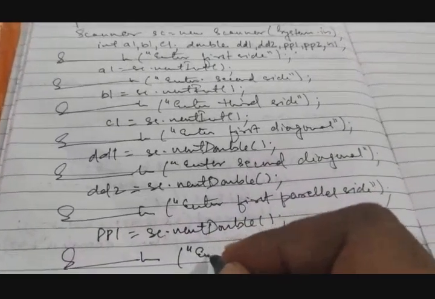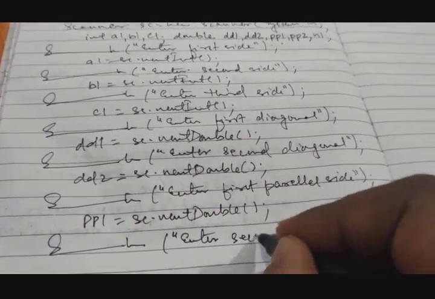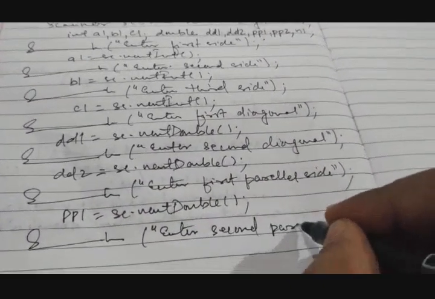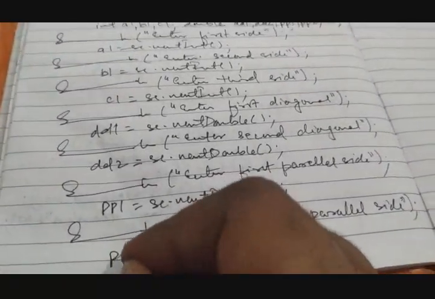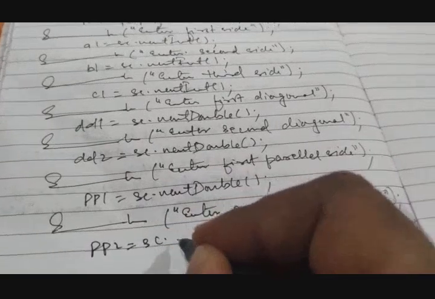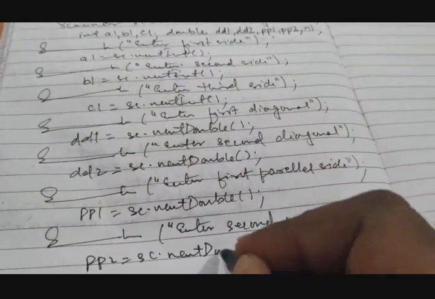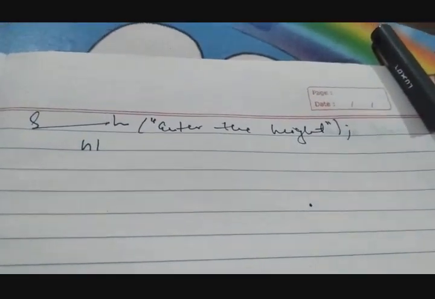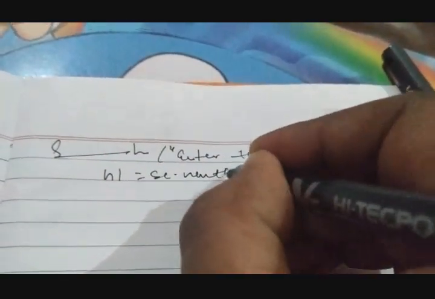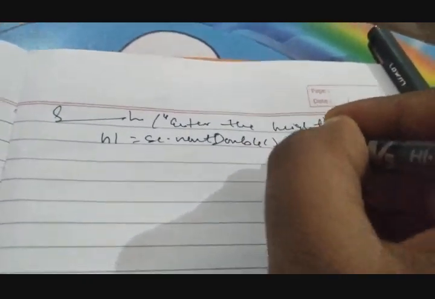Enter second parallel side, pp2 equals to sc dot next double method. Next, h1 equals to sc dot next double method.